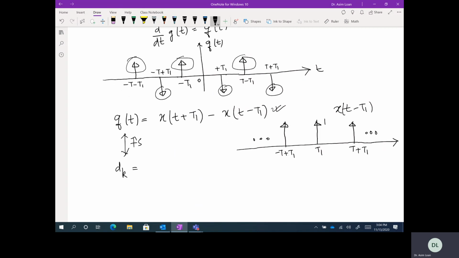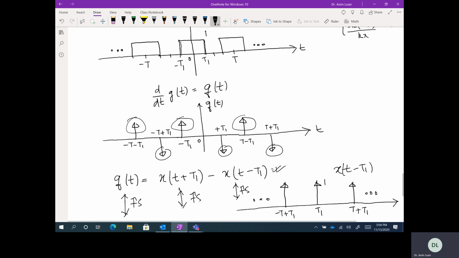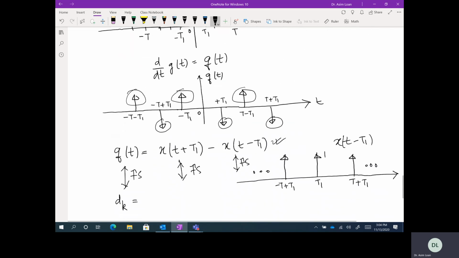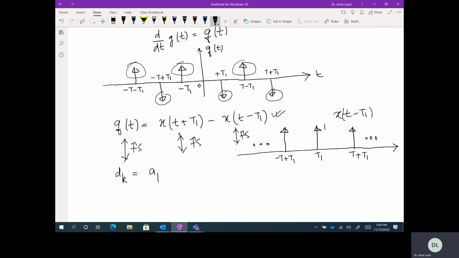So what is this Fourier series coefficient? This is either Fourier series coefficients here with the time advance property, Fourier series here with the time delay property. So xt has Fourier series ak. So this will be ak e plus j k omega naught t1 minus ak e minus j k omega naught t1.